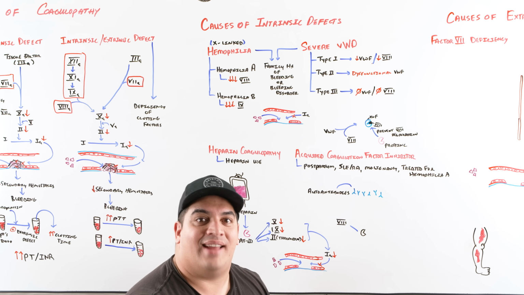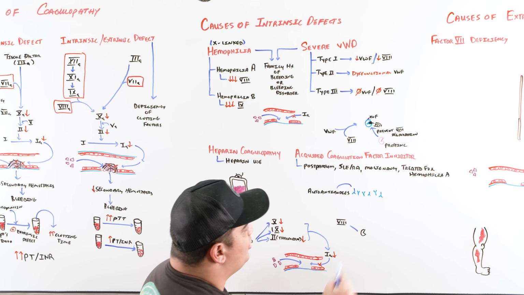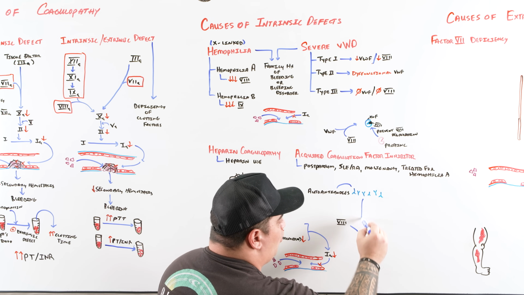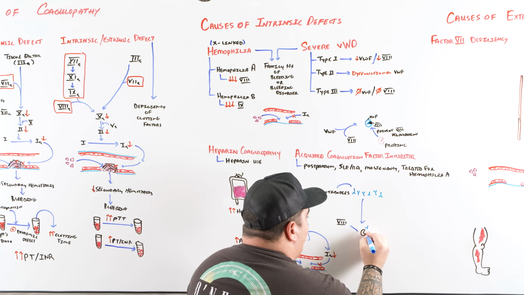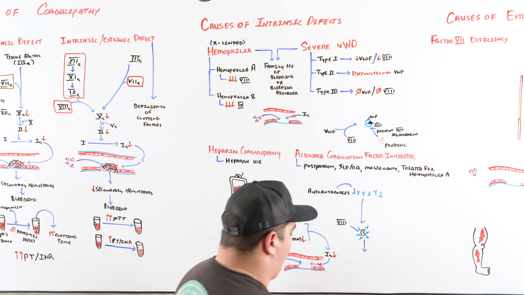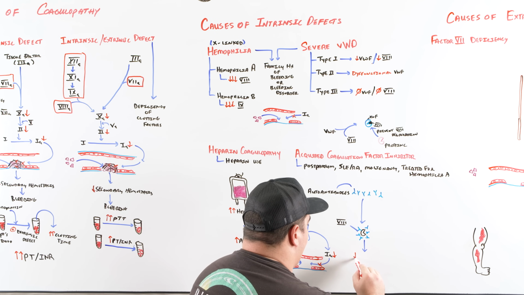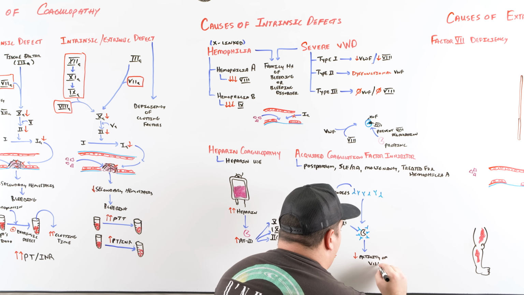Combine with factor 9 to activate factor 10, activate thrombin, activate fibrin. And so if a patient has these autoantibodies and they're directed against factor 8, what am I going to do to the activity of factor 8? I'm going to decrease the activity of factor 8. So this is going to really lead to a reduced activity of factor 8.